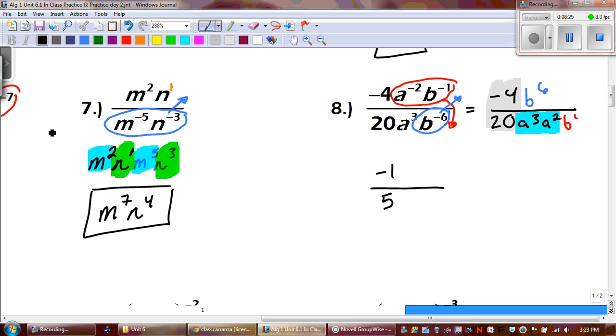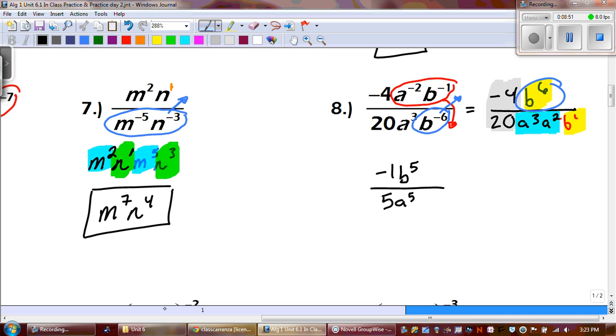You have a cubed times a squared, which gives us a total of a to the 5th power. And now looking at your b's, who wins, the top or the bottom? The top wins. And the top wins by 5. Okay, so our final answer is negative 1b to the 5th all over 5 times a to the 5th.